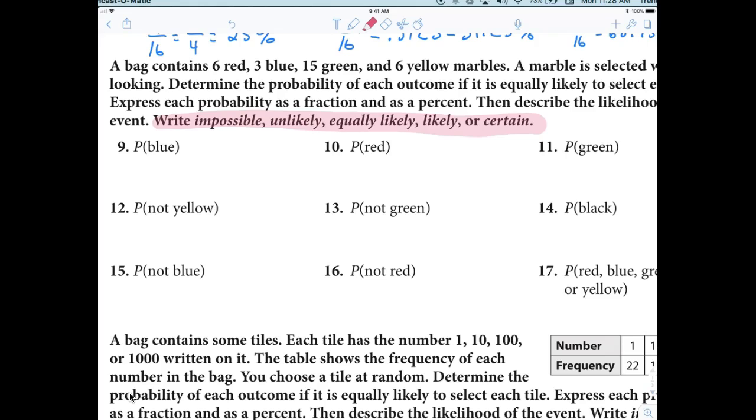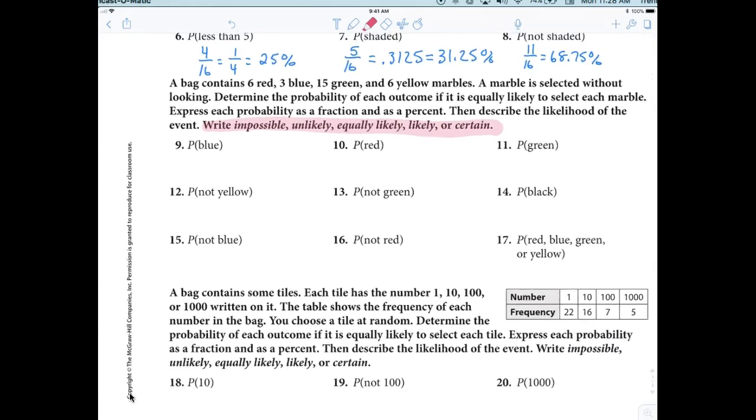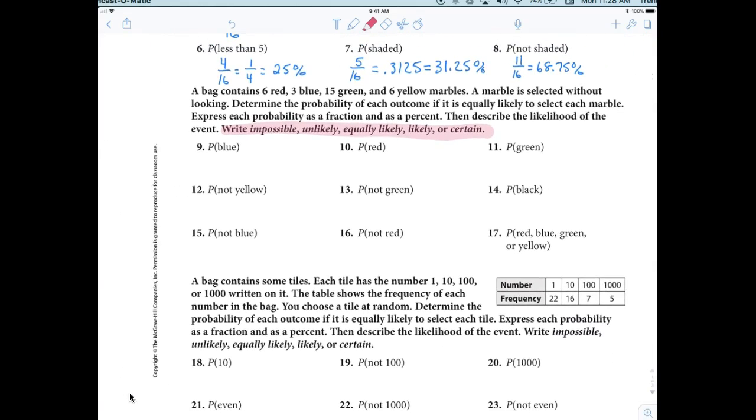Equally likely means it is 50-50. All right? Everybody good with this? But I don't care about answering that question. The main one is I want you to do the fraction and the percent. Yes, the probability is 0. Thank you very much.